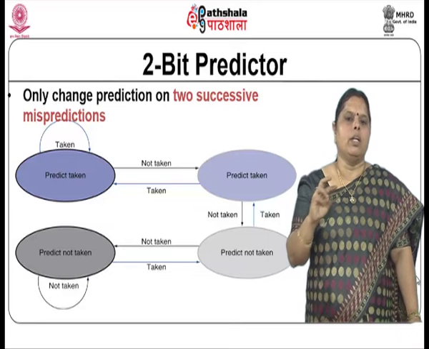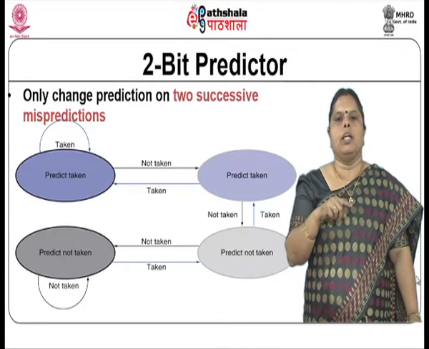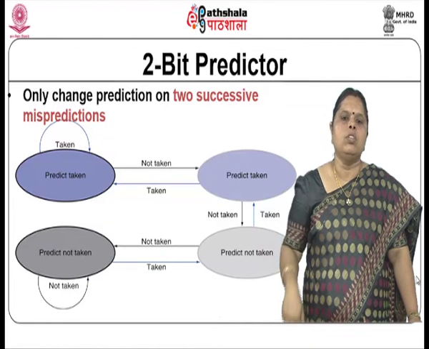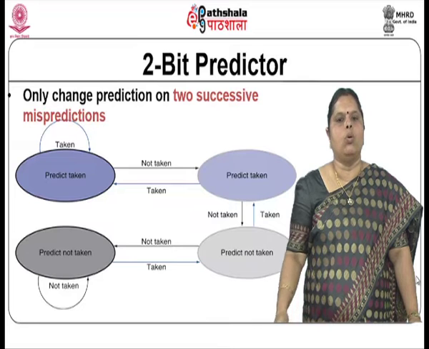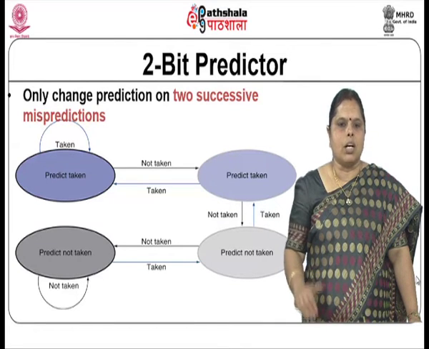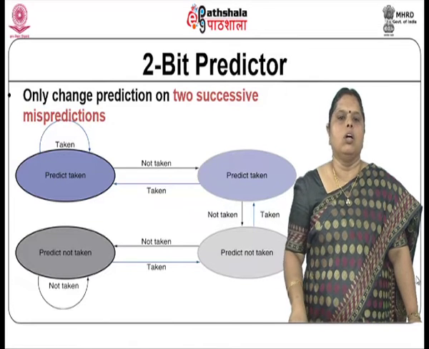Here it is not like that. You have a 2-bit information maintained, and the predictor itself is maintained as a 2-bit 4-state diagram. So, this is a 4-state machine that is shown. You try to change the prediction only when you do 2 successive mispredictions. So, assume that you are in the predict taken state, which is the first block on your top right.